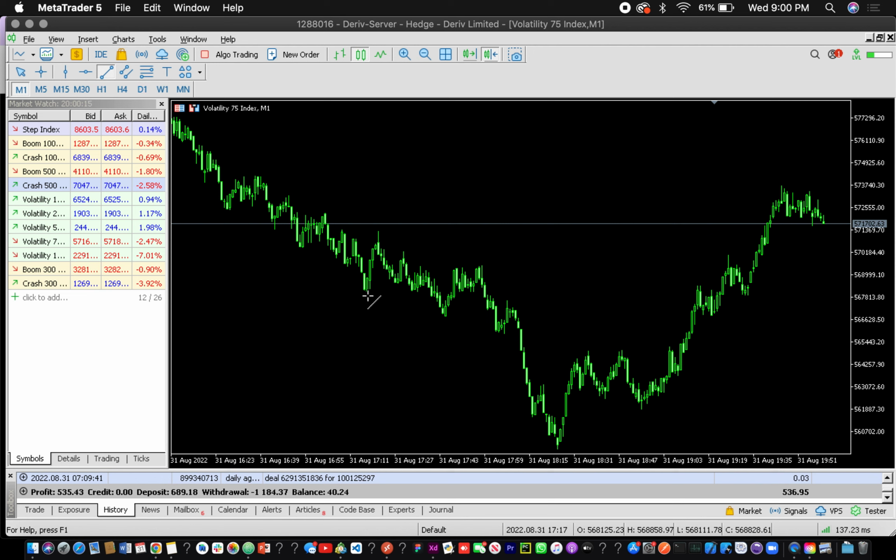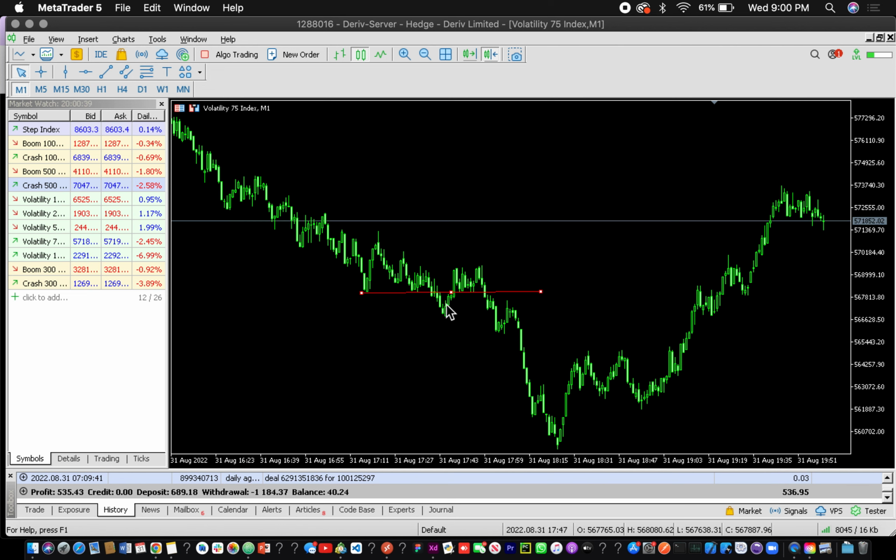Wherever the market looks like it's going to reverse, like this: the market gets down, goes back up, and comes back down to break that previous reversal point. It's a good time to take a down trade.